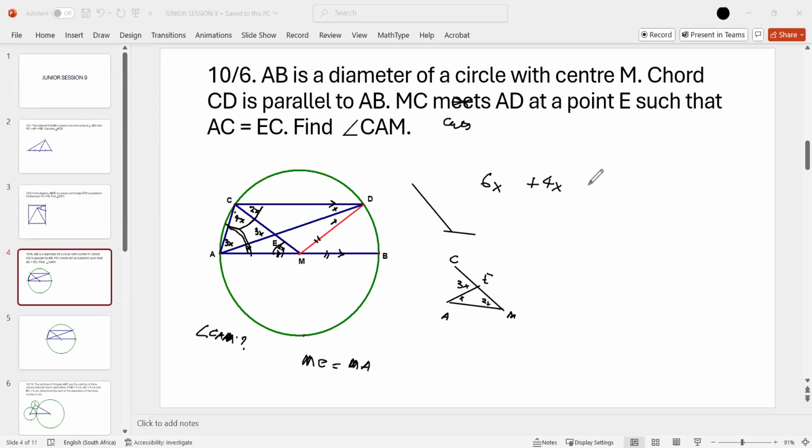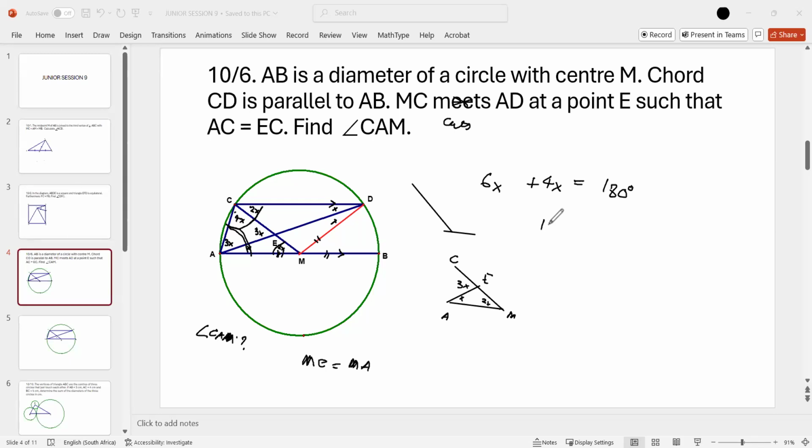Co-interior angles are supplementary, so when you add those two, you get 180 degrees. So you finally got an equation. We had to work our way through the problem to come to the equation, and we finally got it because we're using the fact that co-interior angles are supplementary.